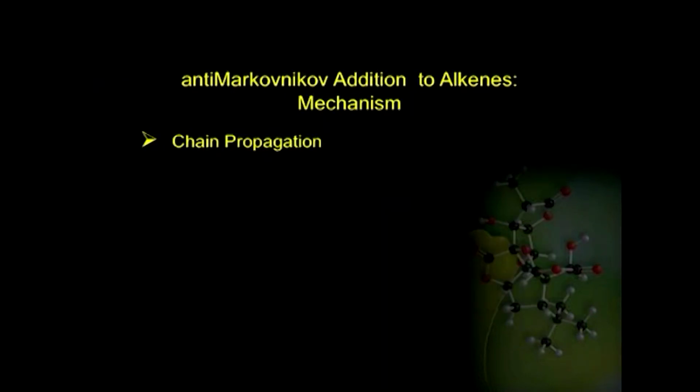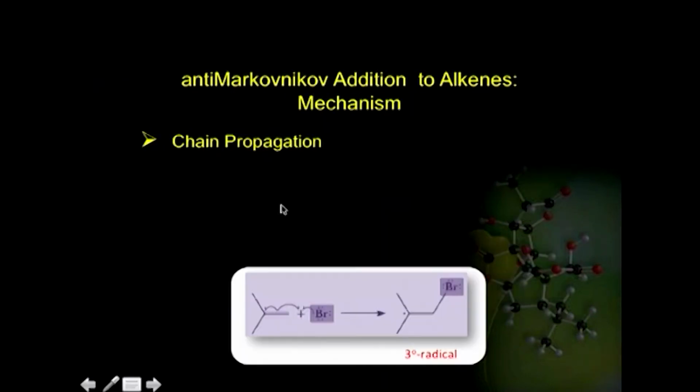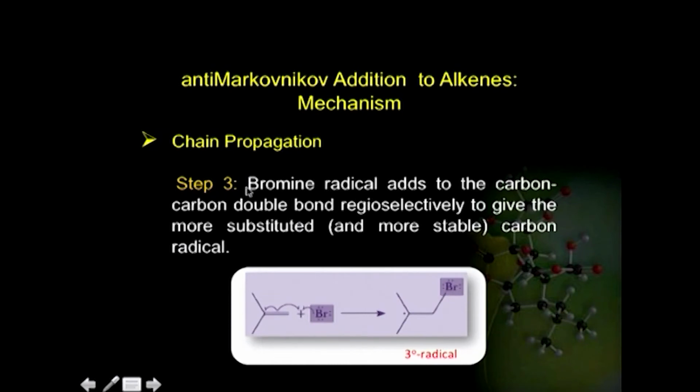Chain propagation is the second process of this mechanism, where the third step of the reaction takes place. The bromine radical adds to the carbon-carbon double bond regioselectively to give the more substituted and more stable carbon radical.